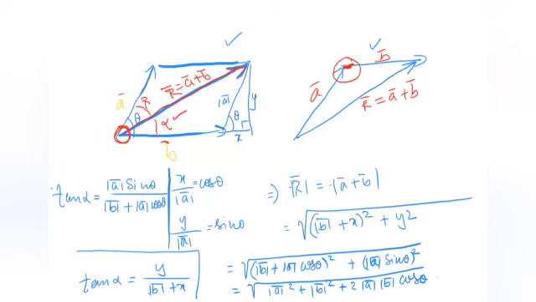So we have determined alpha and we have determined the modulus of a bar plus b bar. That is, we know the magnitude, and we know the angle with one of the vectors. So that completely describes a vector. So our addition of two vectors is complete.